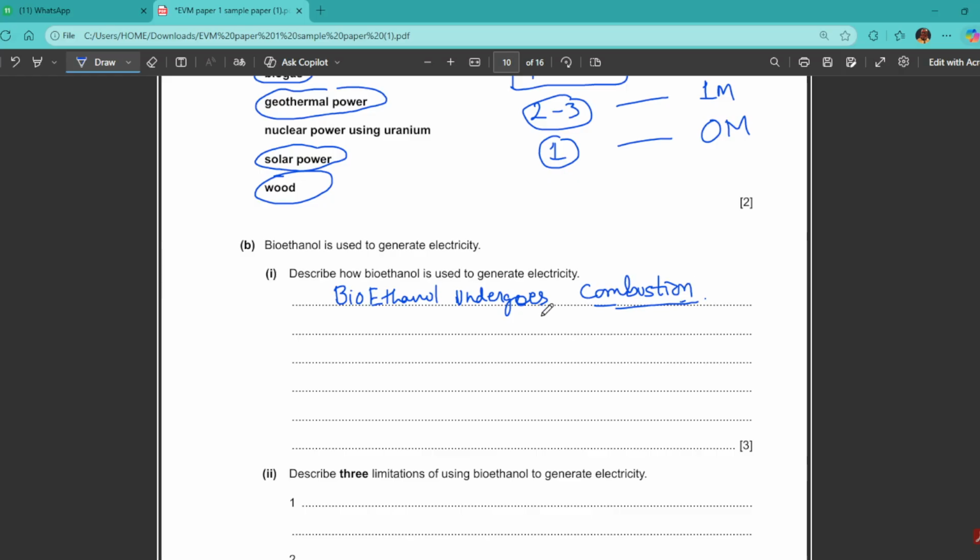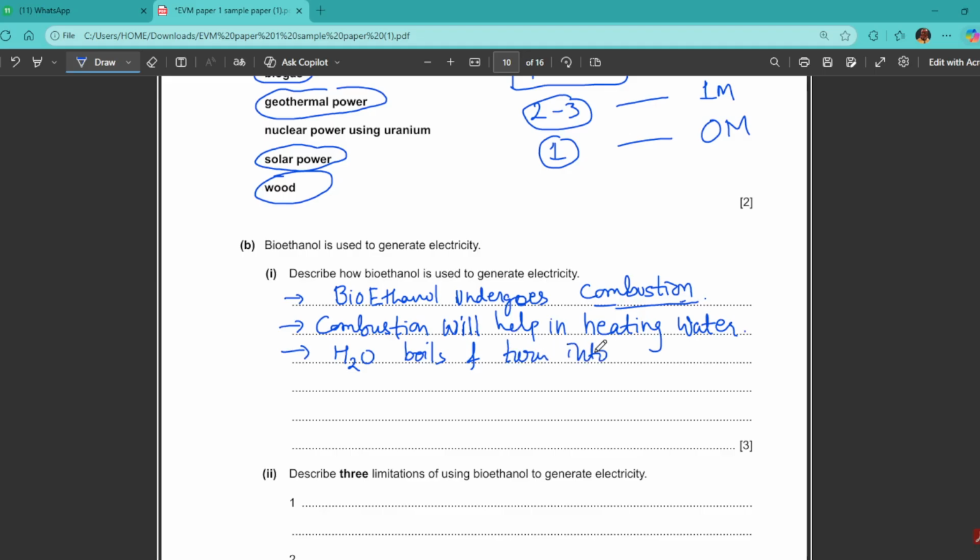Now after this combustion, we know that combustion will help in heating water. Now the water boils and turns into steam. Got it?